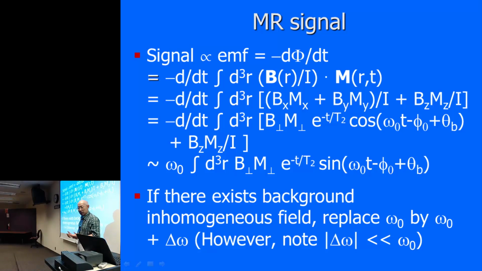But right now, just in this class, and also basically in the regular MRI machines, we don't worry about the Z component, and so that's why the signals are pretty much from the transverse component of these spins.